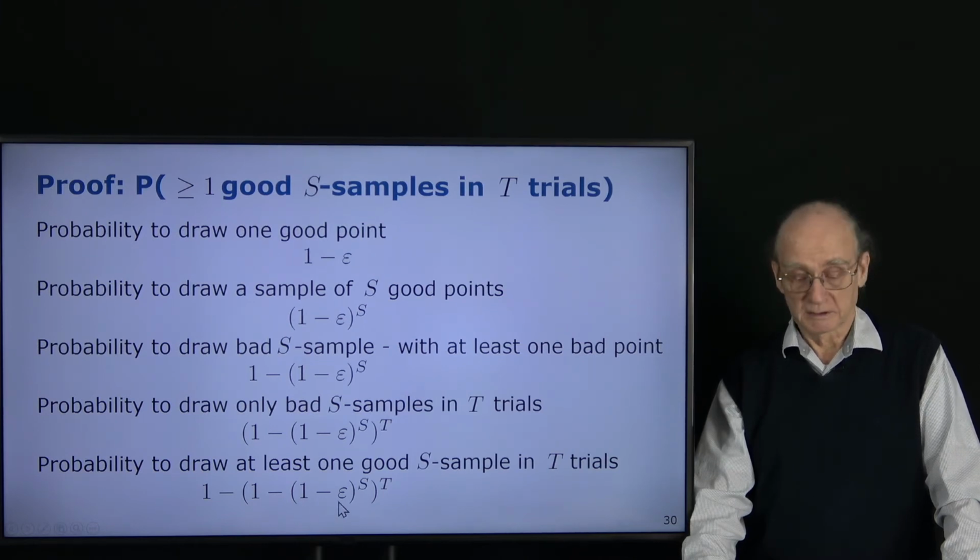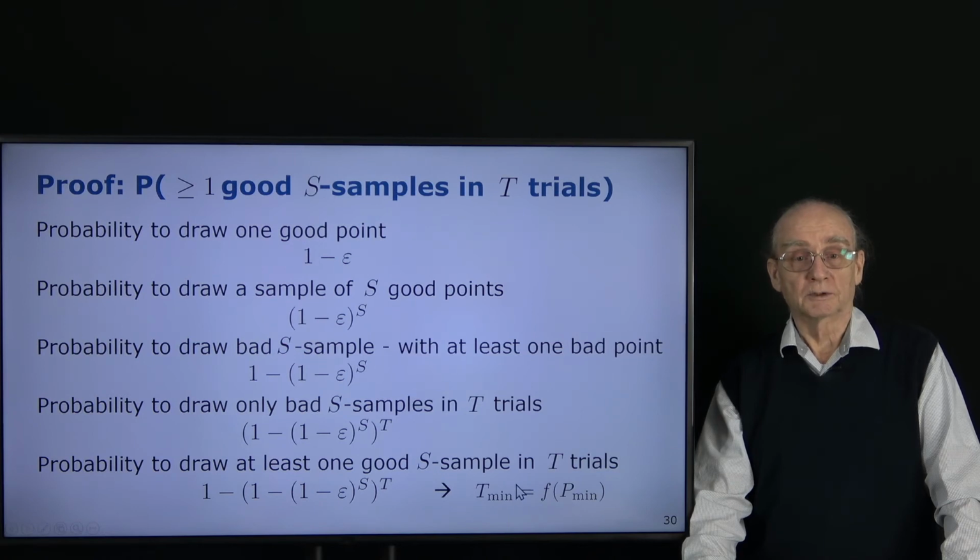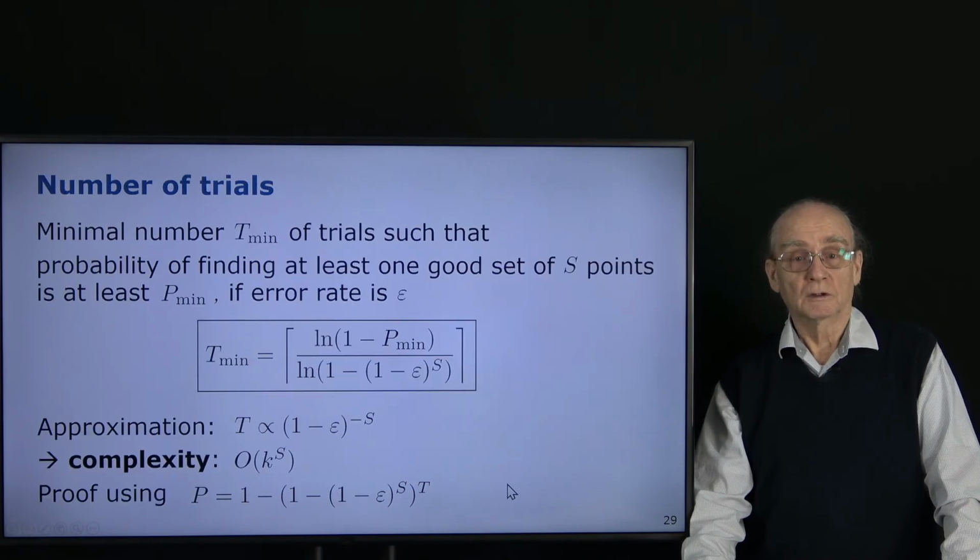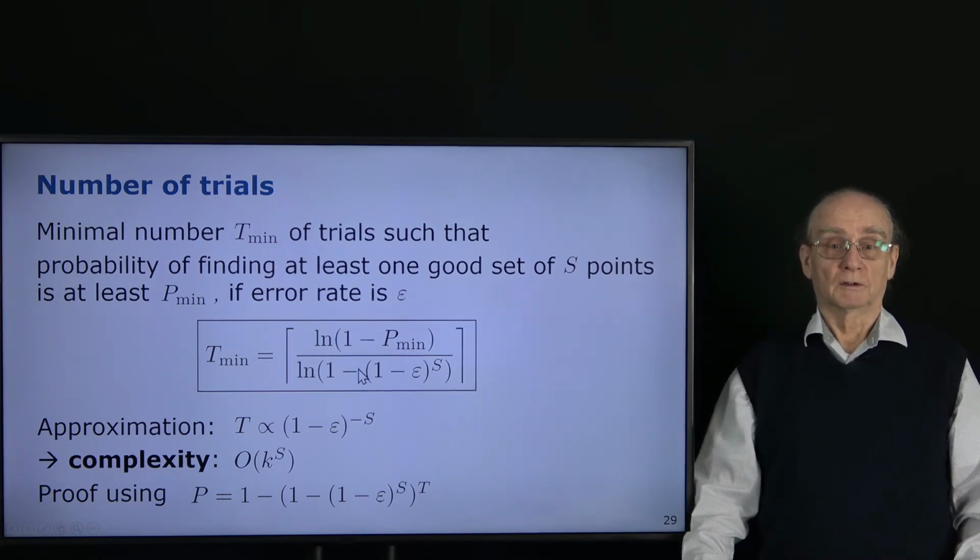If we now invert this equation and solve it for t, we exactly get what we saw just before. So from this result we solve for t: 1 minus p is this expression to the power t, so we take the logarithm of both sides, and we get the ratio shown here.